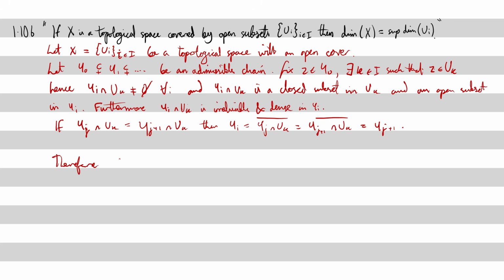Therefore, this is impossible, and so, therefore, y0 intersect UK is a distinct irreducible closed subset of UK, y1 intersect UK, and so on, is an admissible chain in UK.